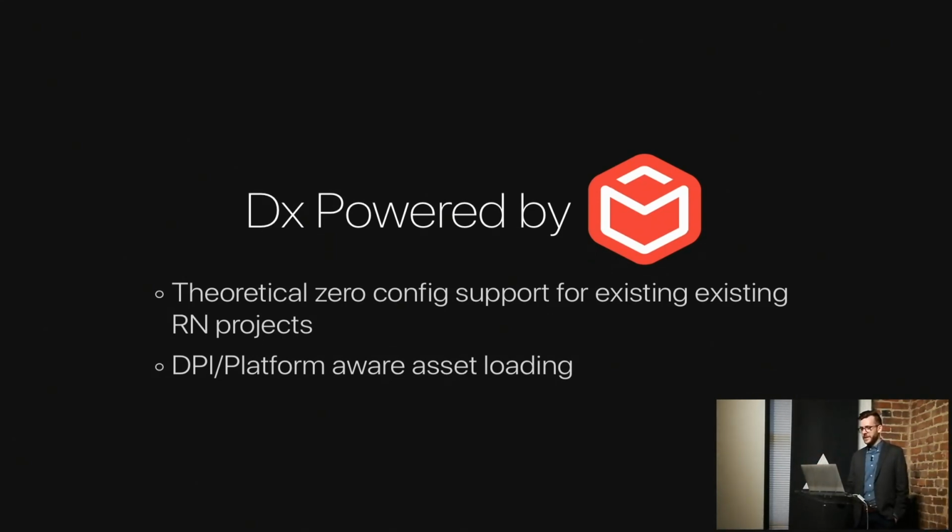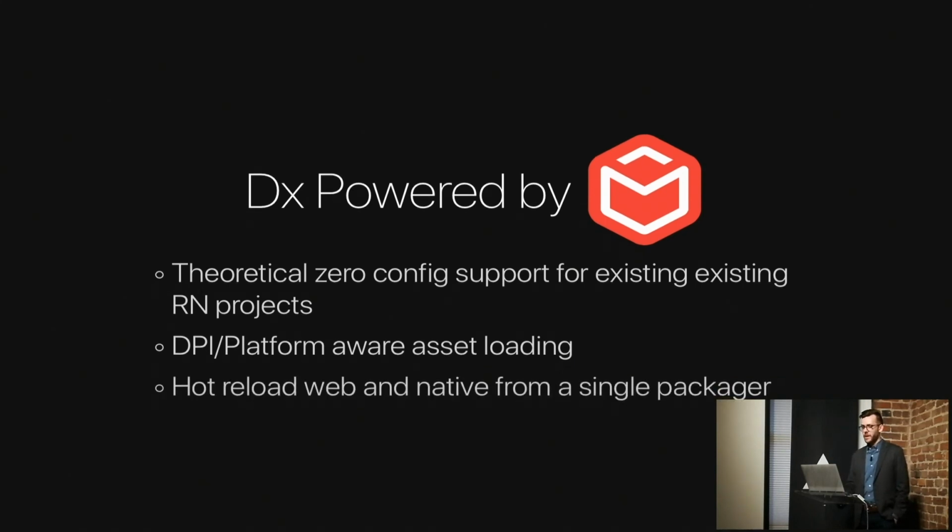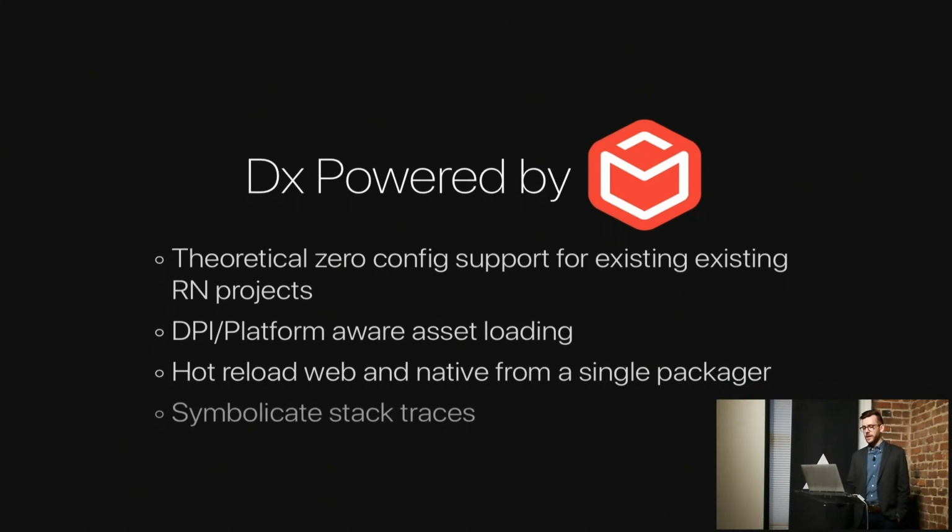Metro has some pretty cool features. We get DPI and platform aware asset loading. We get hot reload, and you can hot reload multiple platforms sort of already with React Native, iOS, and Android. But because this fits into the ecosystem like this, this means that you can do all three, Android, iOS, and web, all from the same packager instance.